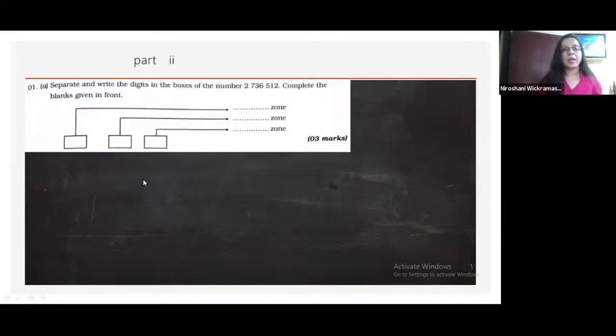Separate and write the digits in the boxes of the number 2,736,512. We have learned zones, right? Can you remember? A million zone, then a 1,000 zone, then a 100 zone, like that. Then we can write the zones here.